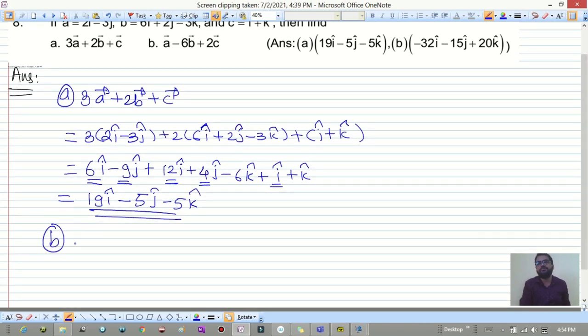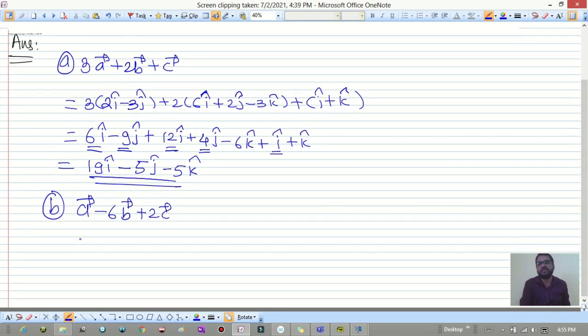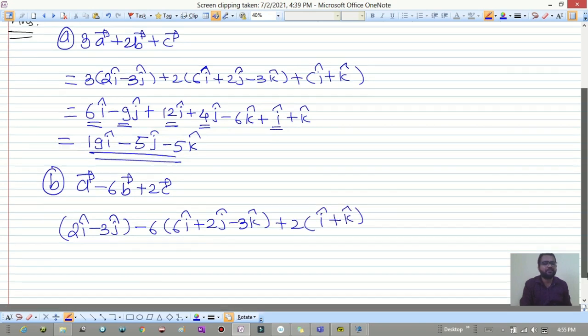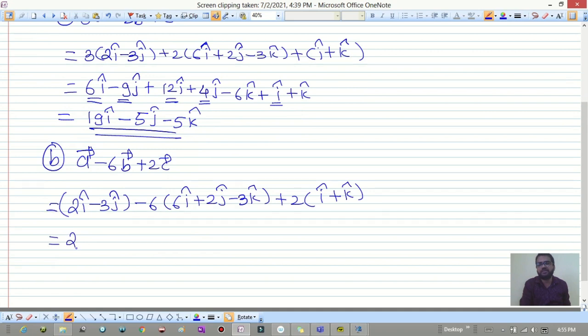Second one we have B, that is a bar minus 6b bar plus 2c bar. So if you just solve this, you will get a bar as 2i hat minus 3j hat, minus 6b bar is 6i hat plus 2j hat minus 3k hat, plus 2c bar is i hat plus k hat. Now if you just multiply, you will get 2i hat minus 3j hat minus 36i hat plus 12j hat minus 18k hat plus 2i hat plus 2k hat.